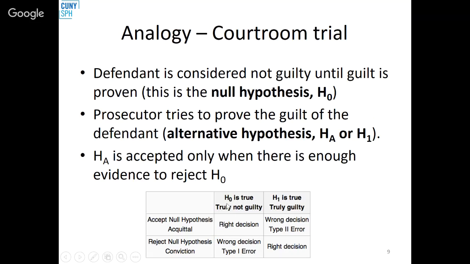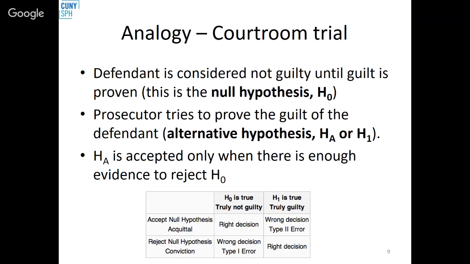I'm putting on the columns here sort of the truth, something that as a juror or as a researcher you don't know, but you kind of assume that the truth is out there, that this defendant is either truly not guilty or truly guilty. You don't know what it is in advance, but either they did it or they didn't.